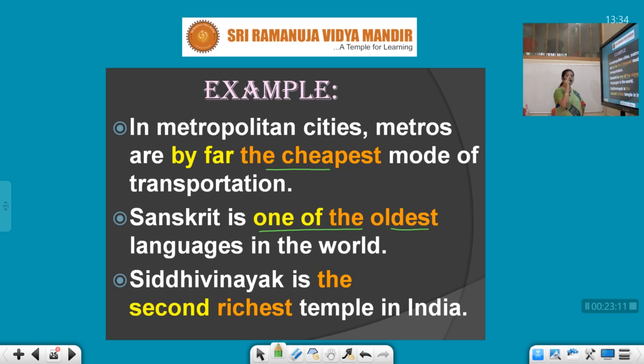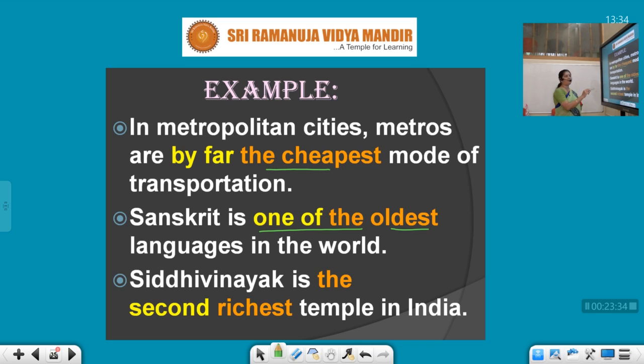So superlatives can very rarely be compared to something else. Sanskrit is one of the oldest languages. One of the oldest means there are other old languages also. Sanskrit is not the only oldest language, but there are some other languages which are as old as Sanskrit in the world. That's the meaning.